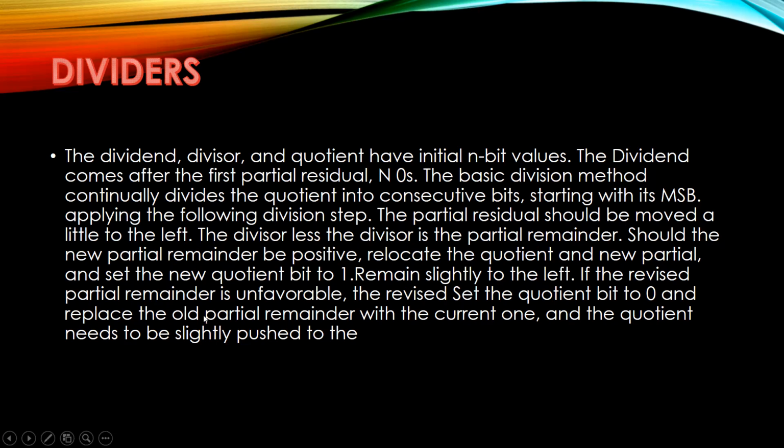If the revised partial remainder is negative, set the quotient bit to 0 and replace the old partial remainder with the current one.